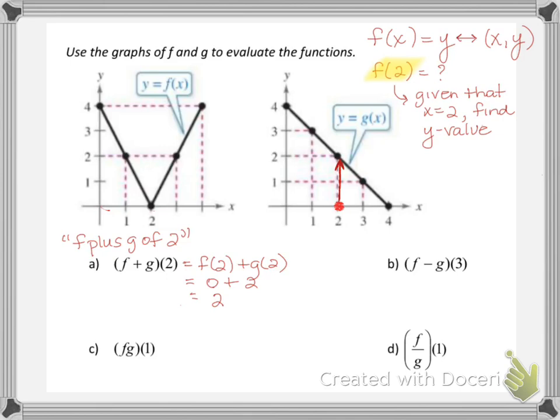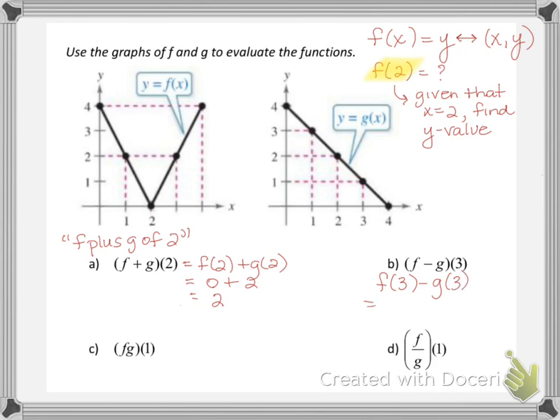Let's try that again. I'm going to erase these that we just did. So f minus g of 3, that just means find f of 3 and subtract g of 3.